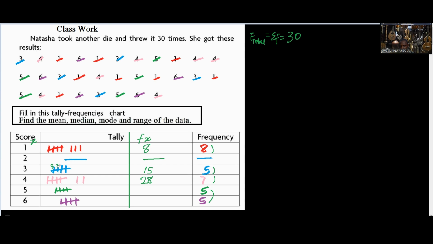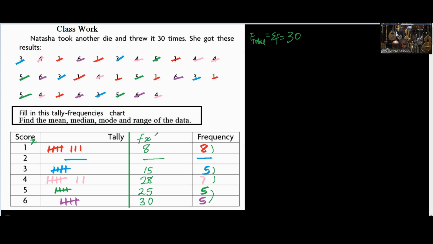There are three, three, three, three, and three. That's five of them, and so on. The fours are seven, and that makes 28. So the fives are five. So five times five is 25, and the sixes are five as well. So five times six is 30.